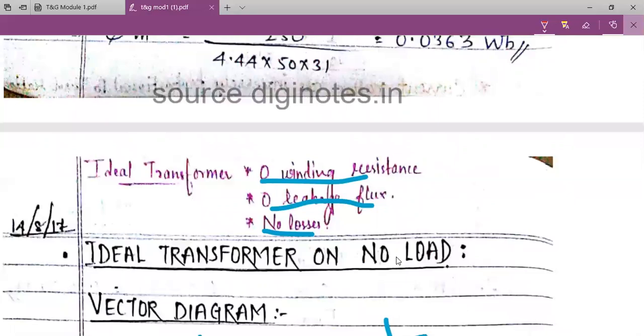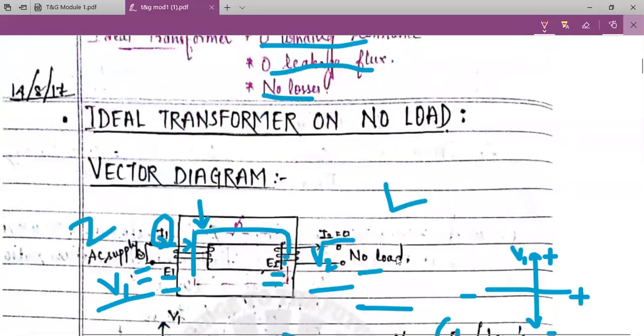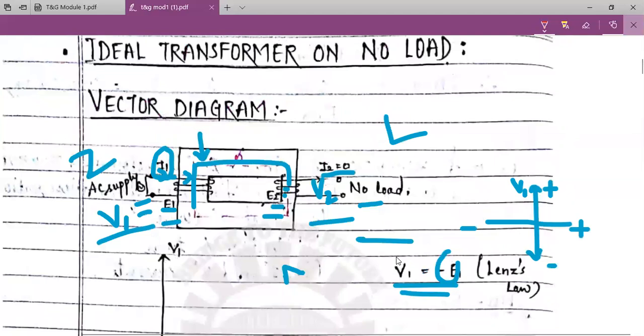But in a practical transformer, there will be no load and on load. After that, we will have the phasor diagram on load, which is very important. I'll explain how to draw that and how to remember it.